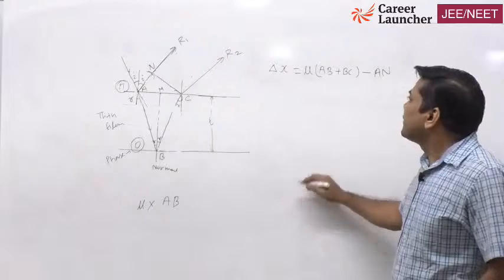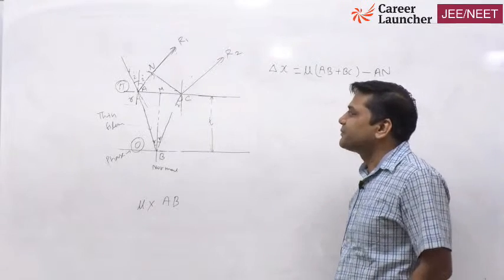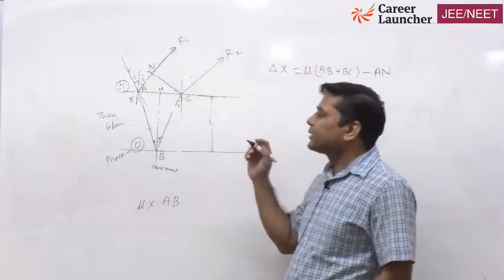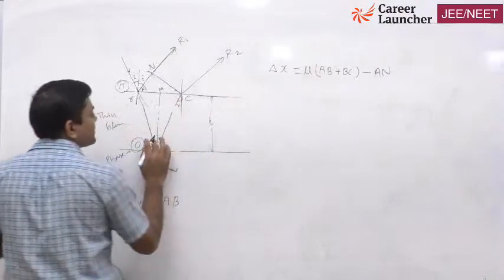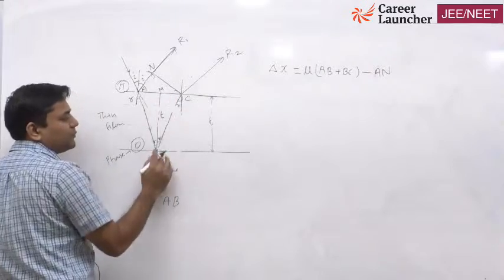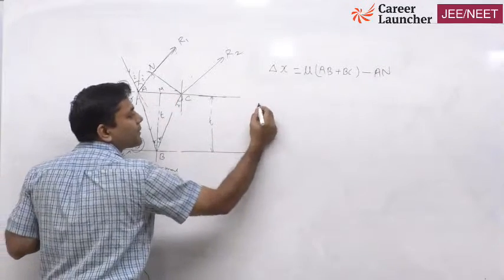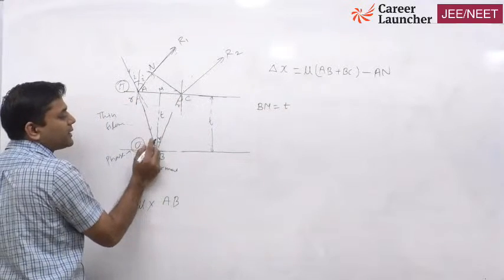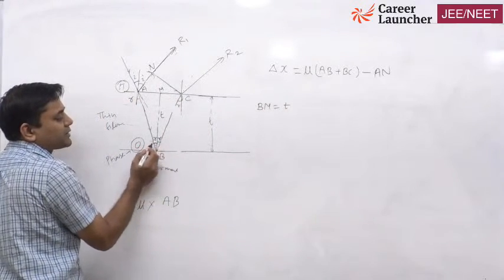Now we need to find out what AB plus BC is. It's not very difficult, minus AN. You know that this distance BM is equal to t. Have a look, BM equal to t. This is r, the angle of refraction.